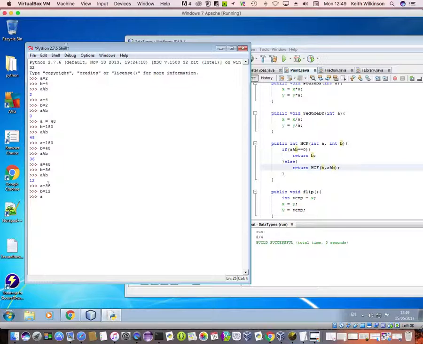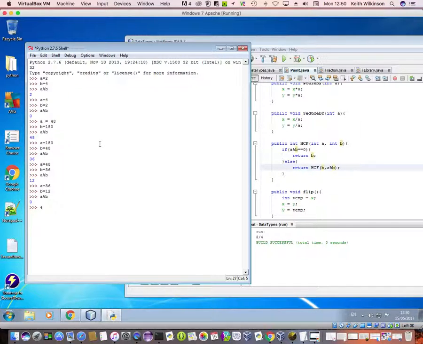Then I'm going to run through it again, A mod B. This time I'm at 0, so I just return B as my highest common factor, so my highest common factor was 12. And if we do, well, let's start with what we did, 48 and 180.